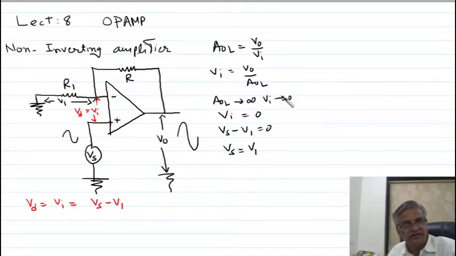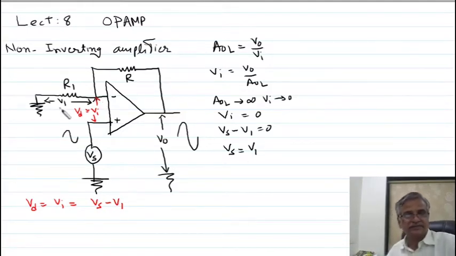If this differential voltage between these two tends to 0, means this potential and this potential are nearly the same. Then you can say Vi is nothing but this potential minus this potential. If this tends to 0, means Vs and V1 are nearly the same. So therefore I can write V1 is nothing but Vs.